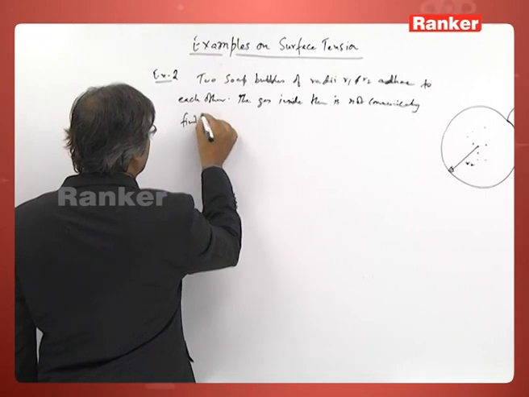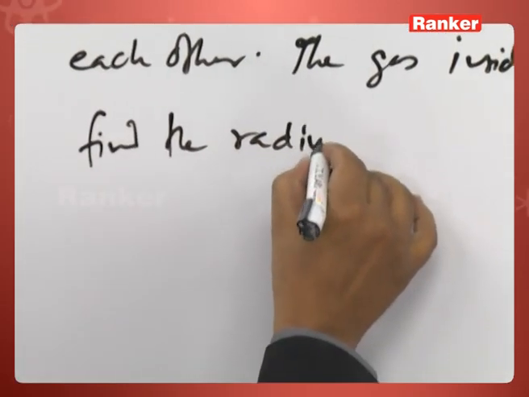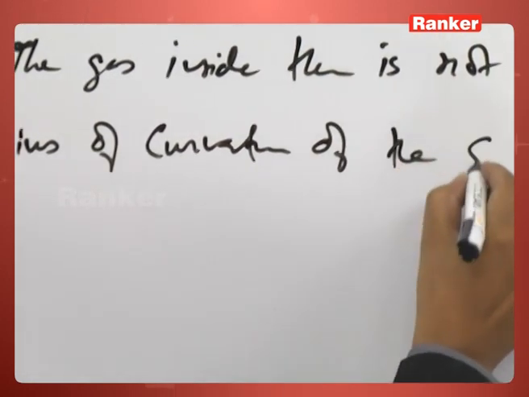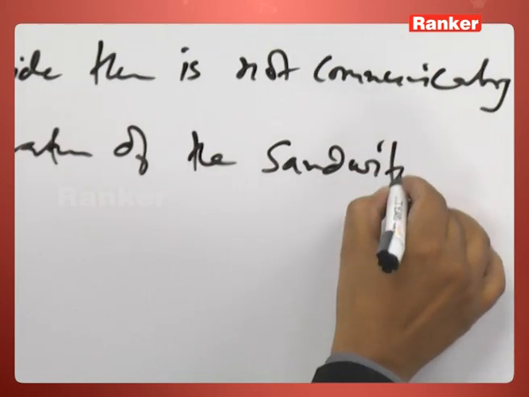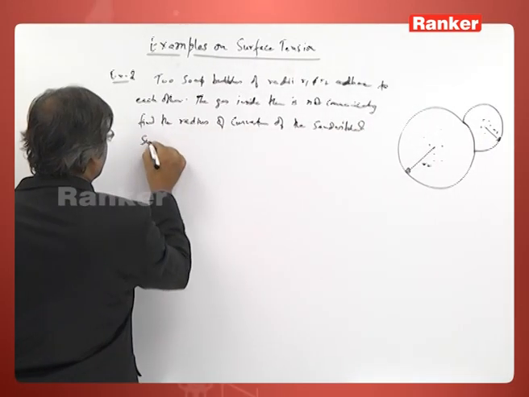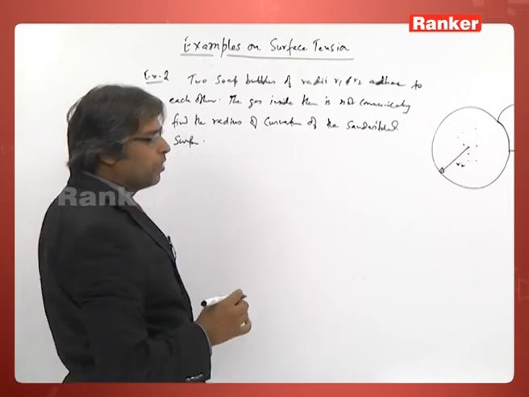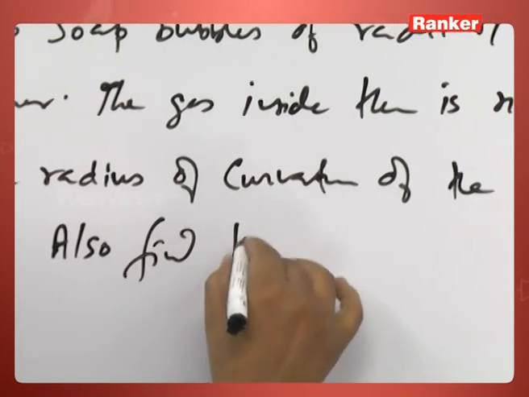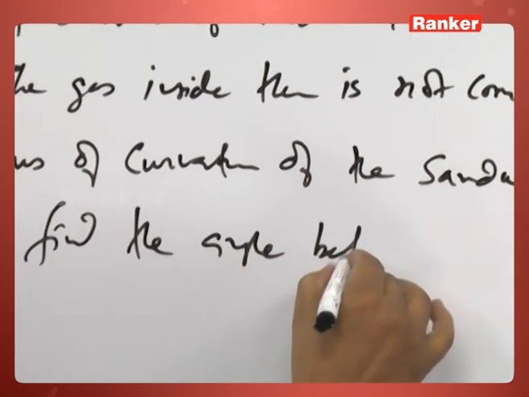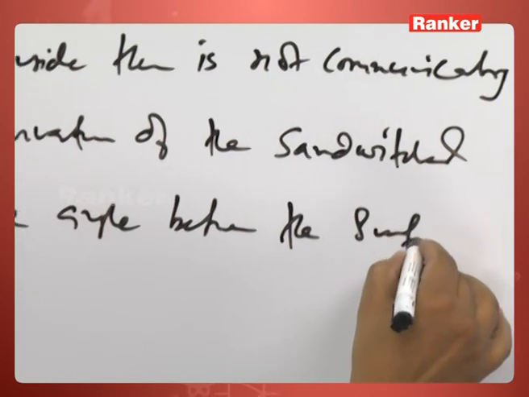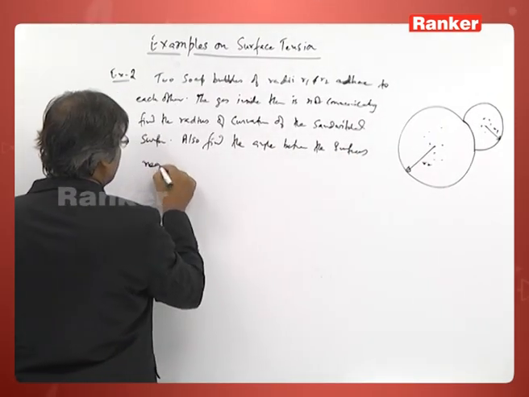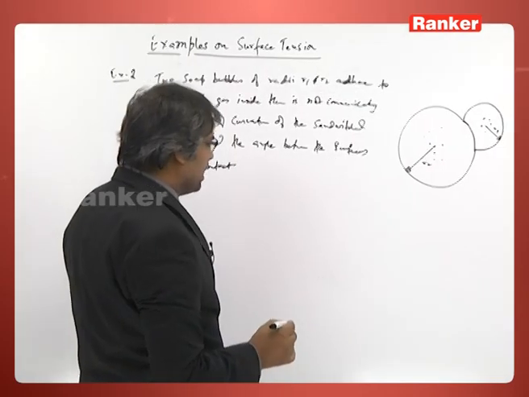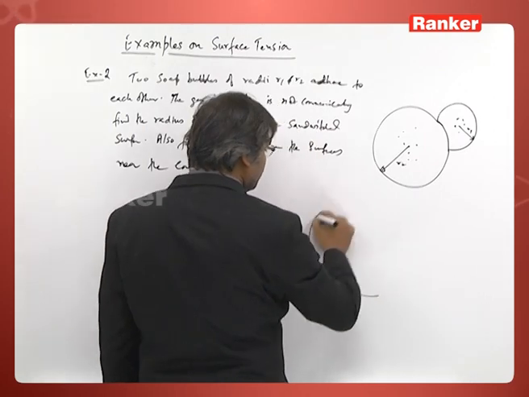Find the radius of curvature of the sandwiched surface. Also find the angle between the surfaces near the contact. Now you see another diagram I am drawing.